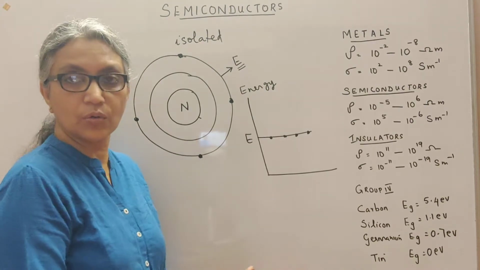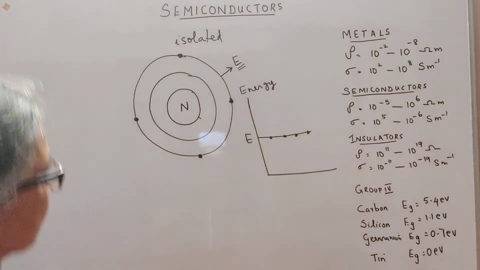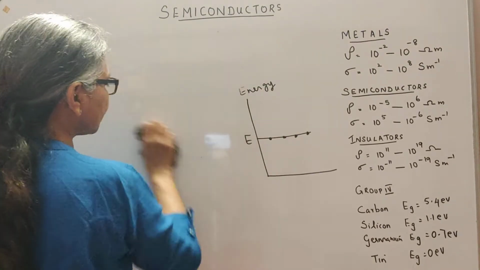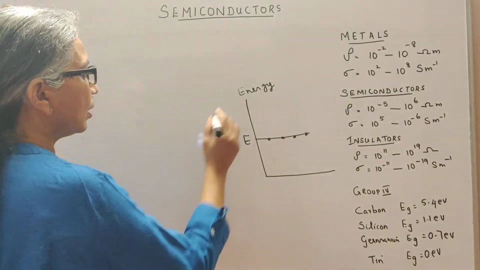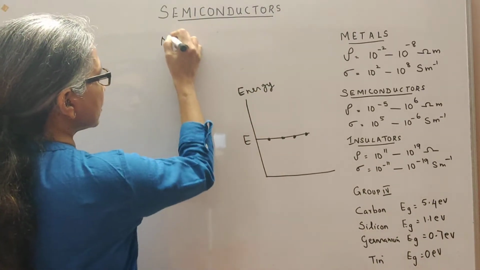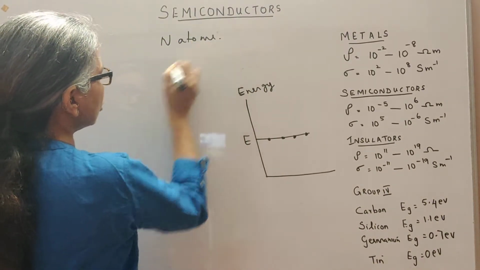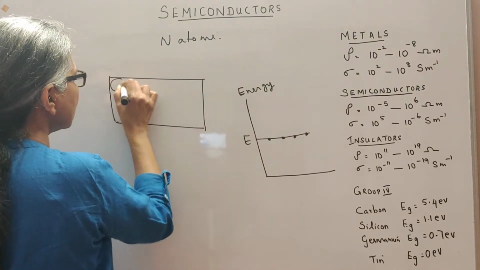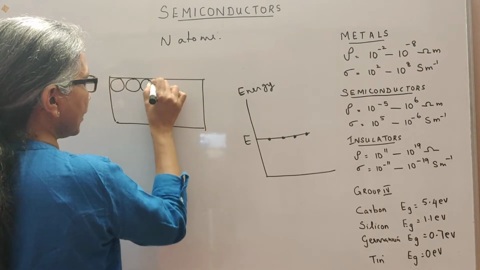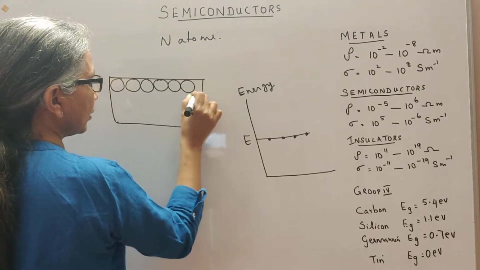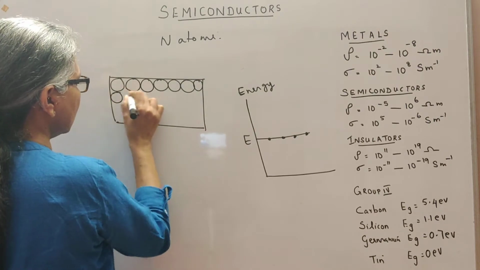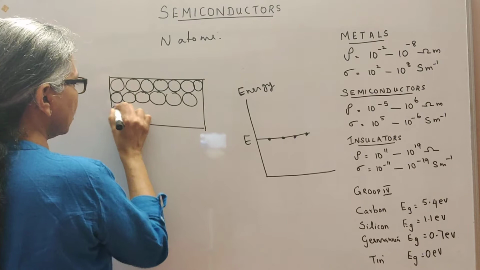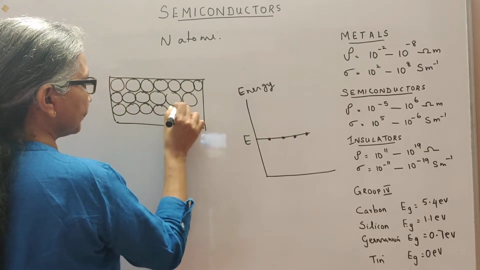So if you now take a crystal of this silicon, let's say this crystal has n atoms. In that crystal you are putting together a lot of these atoms, n atoms, packed together like this, brought together to form this crystal.